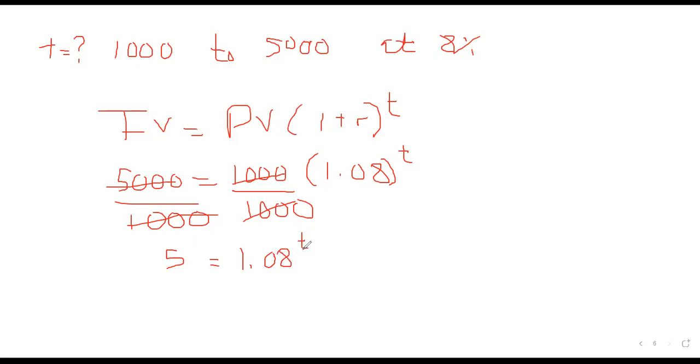The only way to find this t is when you introduce logs. Just put a log here and a log here. So meaning we're going to have log 5 equal to t times log 1.08. So we divide both sides by log 1.08. You can go and calculate: log 5 divided by log 1.08.